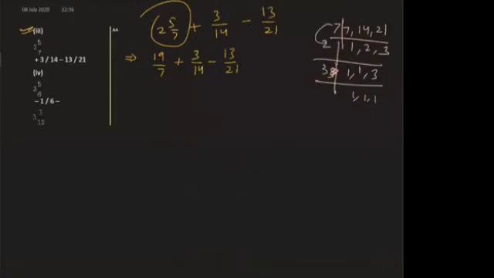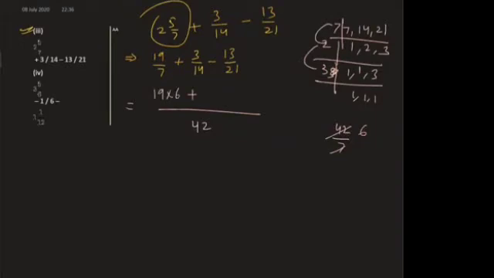So 7 twos are what? 14, 14 threes are? 14 threes are 42. So the LCM is 42 now. Okay, LCM is 42. Now reduce 42 by 7. 6 you will get, so 19 into 6.